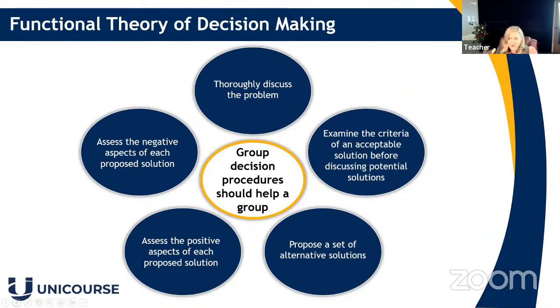Then you can look at the different criteria of acceptable solutions. So it might be that you need X, Y, and Z done in order for that solution to be solved. And if you're following this decision making route, then it might be only X and Y are being resolved. So it's important that when you are in a group, you can sometimes even say to people, you need to ensure that this is being covered.